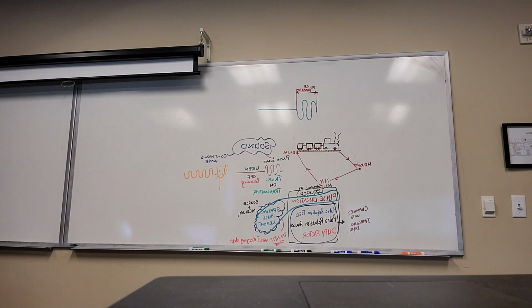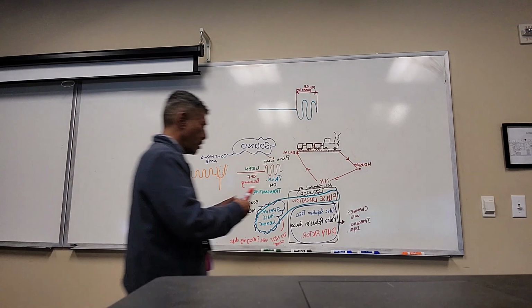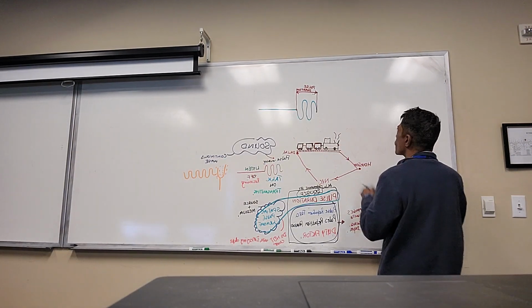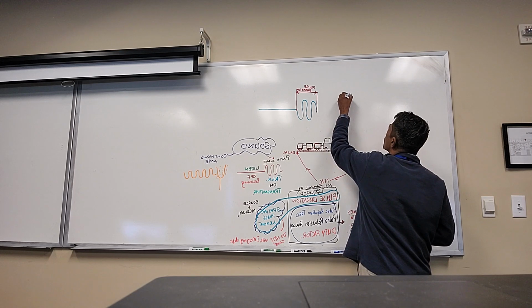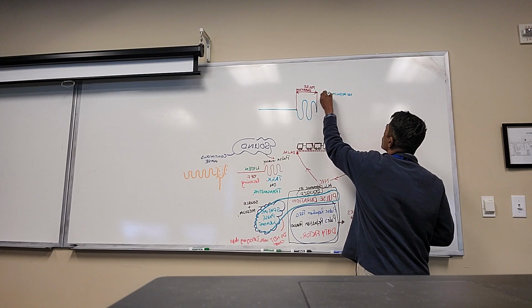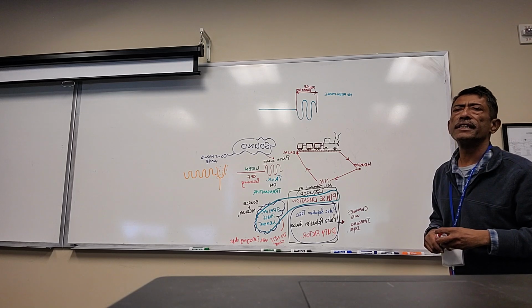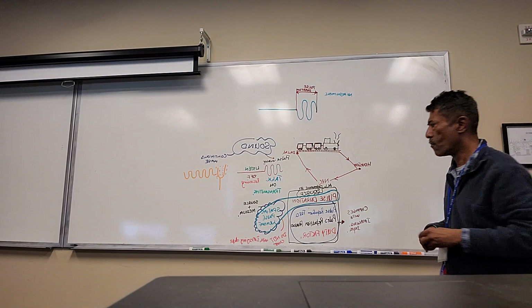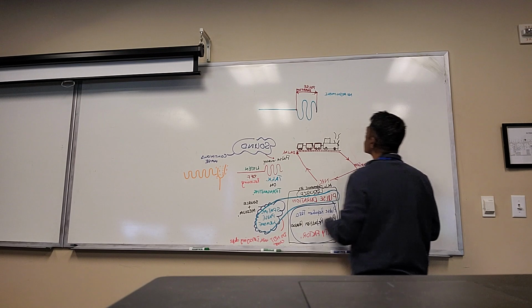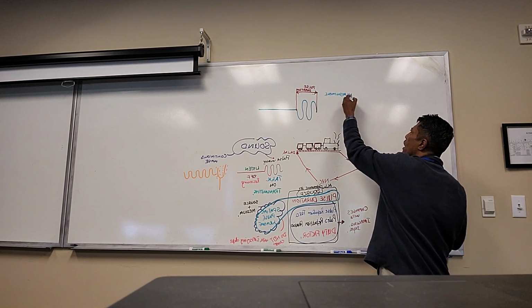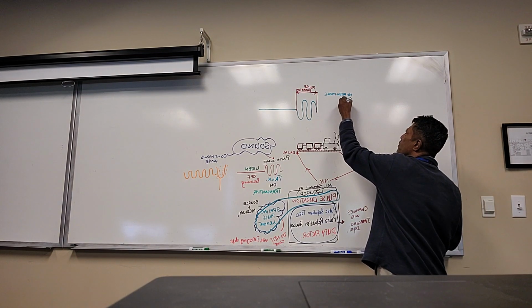No. Pulse duration is not adjustable. Who determines pulse duration? Pulse duration is determined by the source. So it's non-adjustable and it's determined by the source.